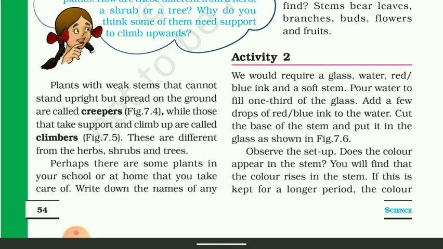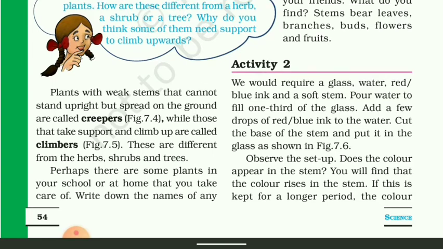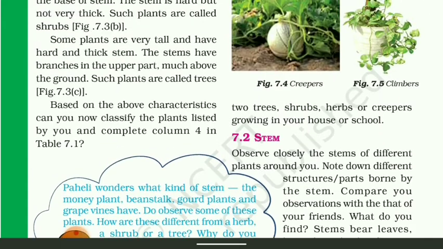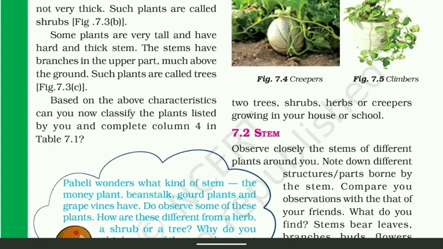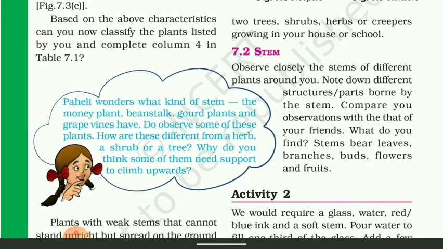Perhaps there are some plants in your school or at home that you take care of. Write down the names of any two trees, shrubs, herbs, or creepers growing in your house or school. Stem. Observe closely the stems of different plants around you.